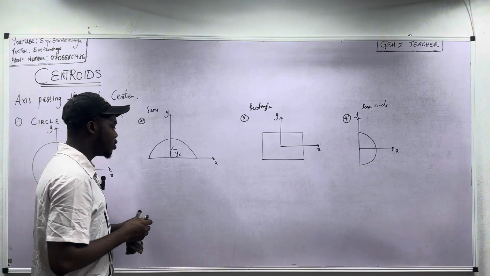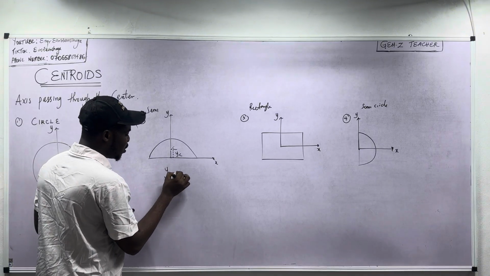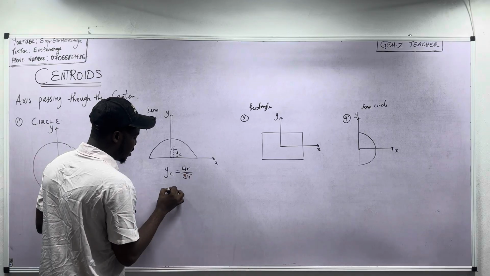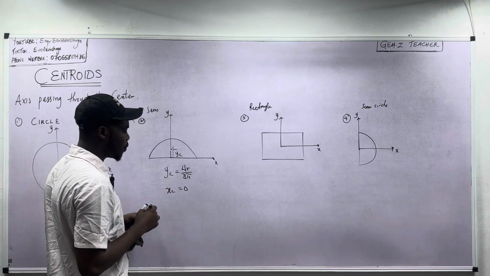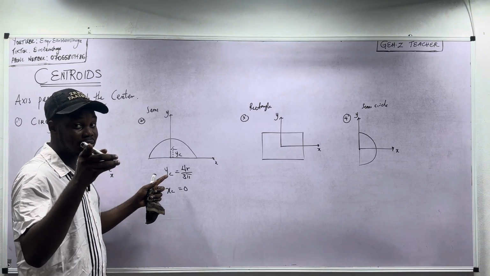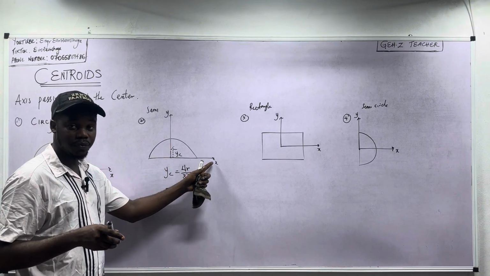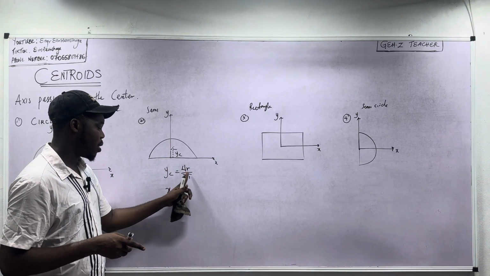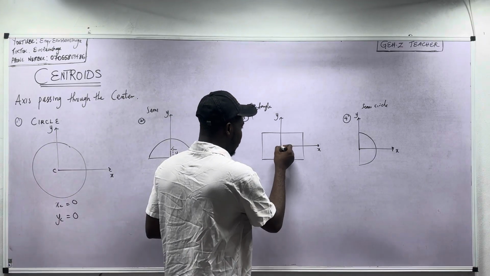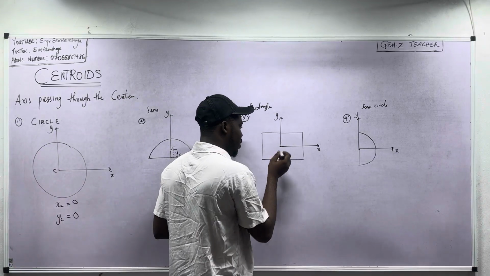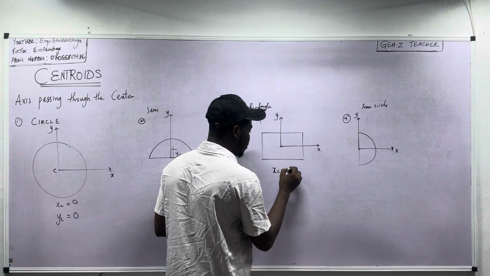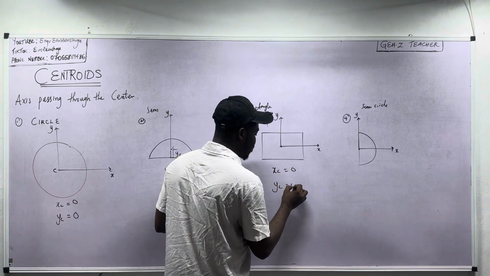You can see that, right? So the y-centroid is what we know as 4r over 3 pi, but the x-centroid in this case is 0, because there's no distance from the center to the y-axis, but there's distance from the center to the x-axis. Don't forget that. So that's 4r over 3 pi, and for x it is 0. Now for this again, this is the center of the shape, and that is where the axis starts from. So again, the x-centroid is 0 and the y is also 0.